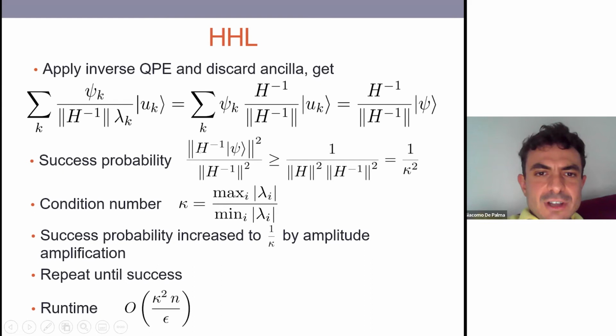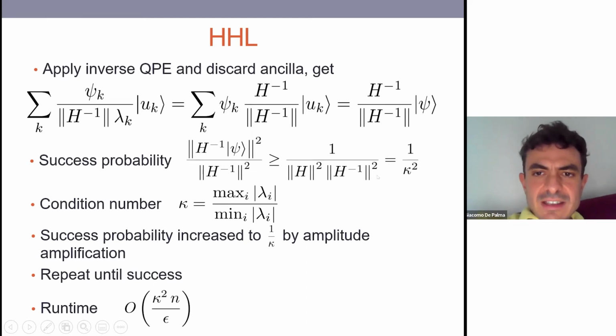You can easily check that, since all the eigenvalues of H minus 1 are always larger or equal than the inverse of the largest eigenvalue of H, this success probability is always upper bounded by 1 over maximum eigenvalue of H square, maximum eigenvalue of H minus 1 square.